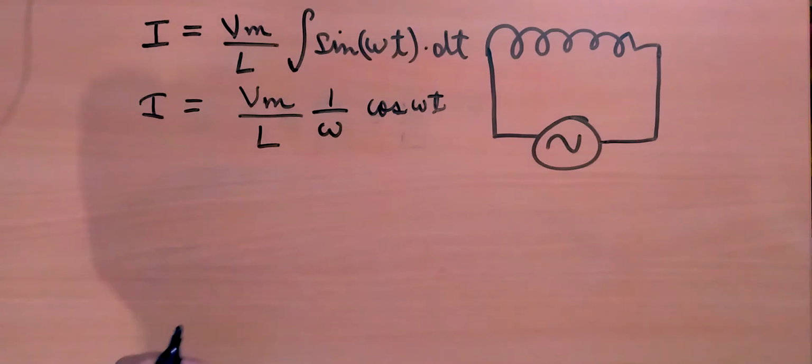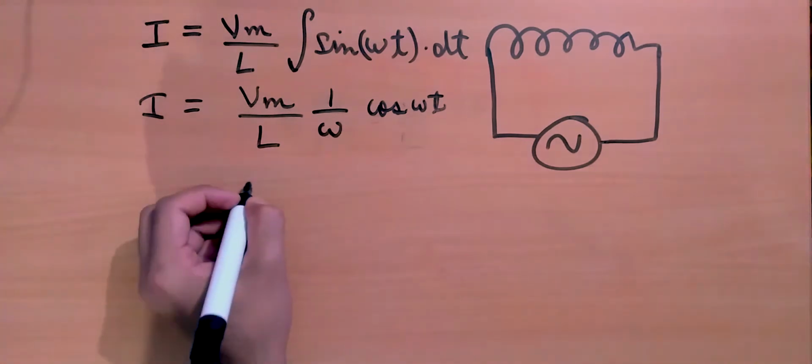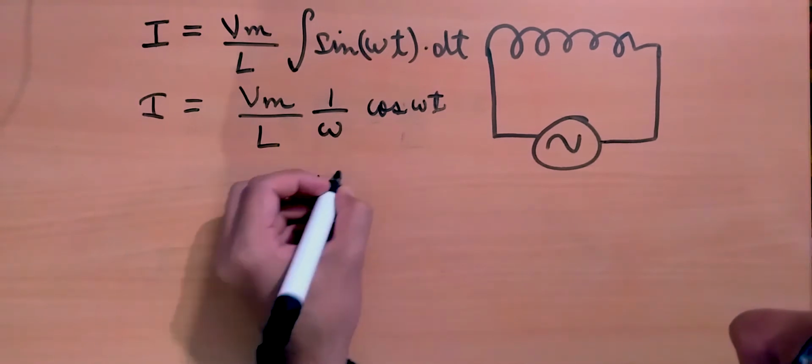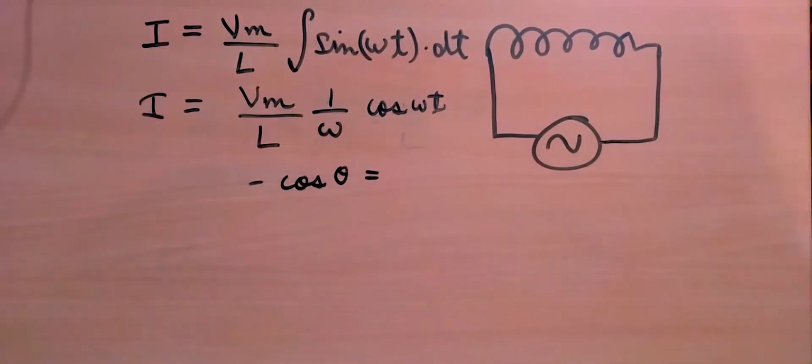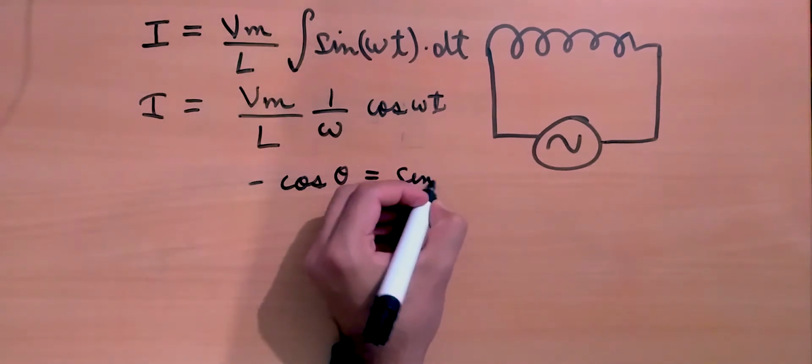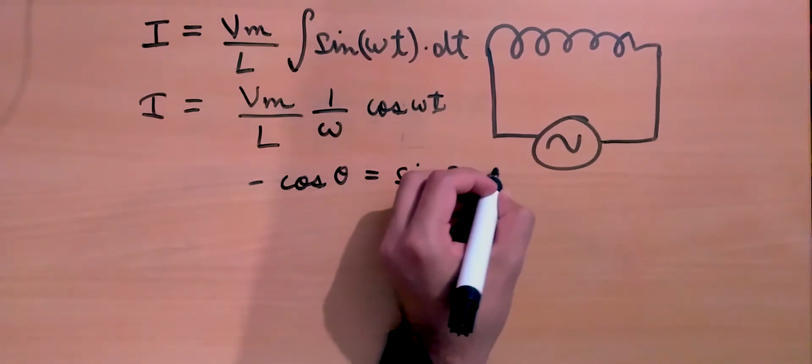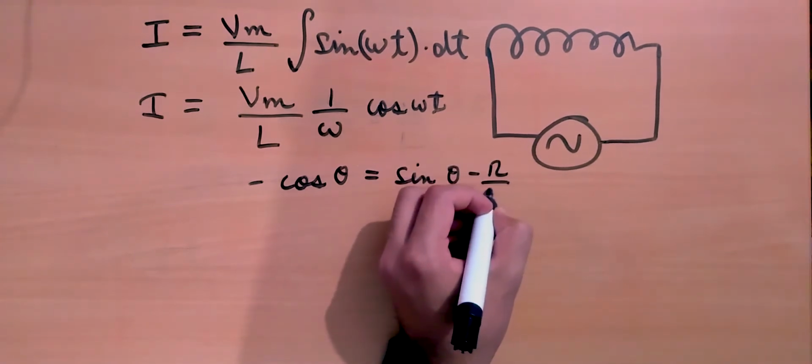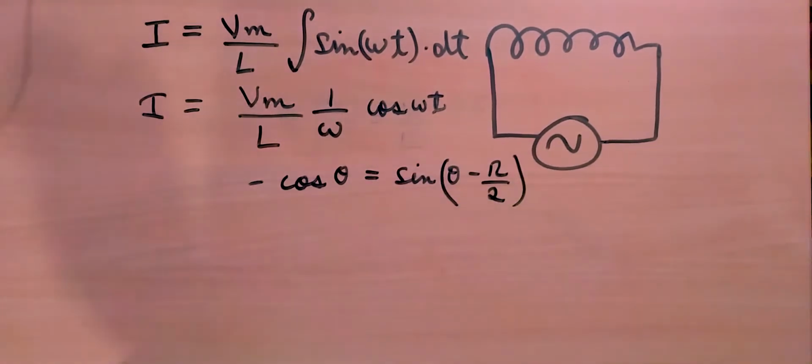I hope you remember the identity that minus cos theta equals sine theta minus pi by 2, which is 90 degrees. I hope you remember this identity. I mean, you've done this identity in class 10, right? So I just hope you remember this.